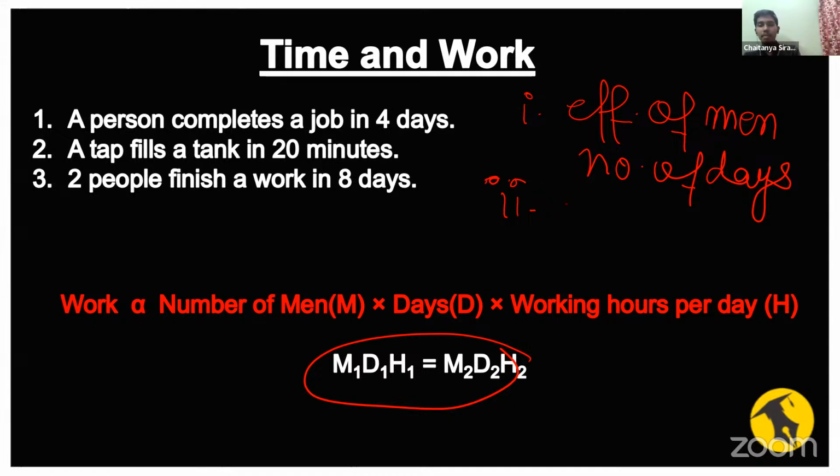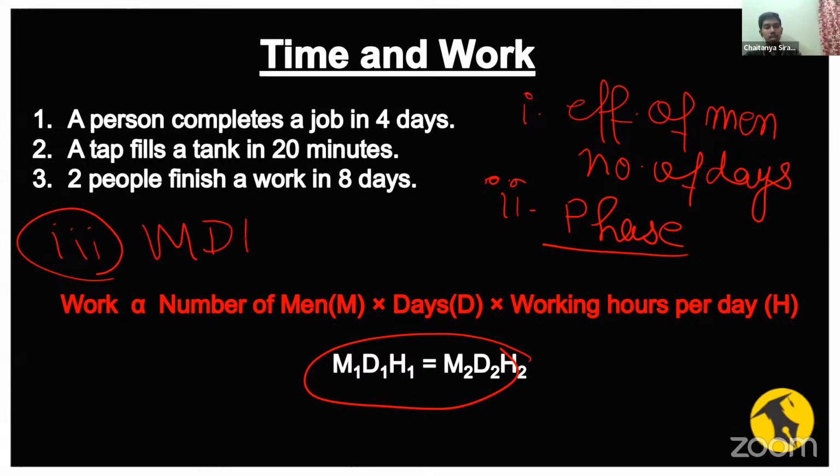Then we did something which had phases of job to be done, like first few days A worked, then B and C worked, then A and C worked. And then we did questions related to the MDH relationship. And in the end, we did some pipes and cisterns questions.